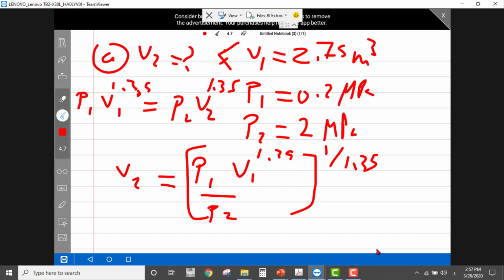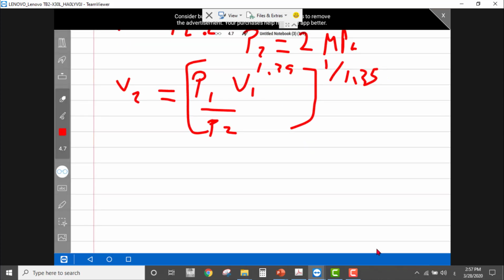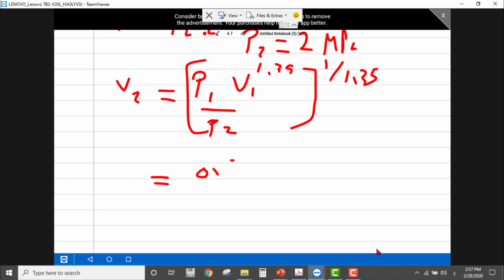It is very important to know how to do this on your calculator. So P1 equal to 0.2. No need to convert, because mega with mega will cancel out. This is divided by 2, multiplied by 2.75, to the power 1.35.